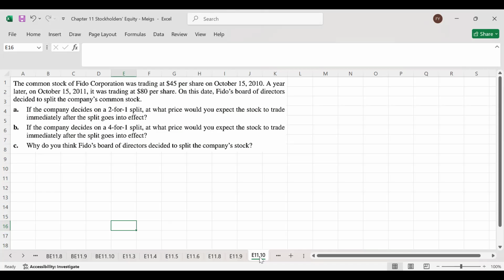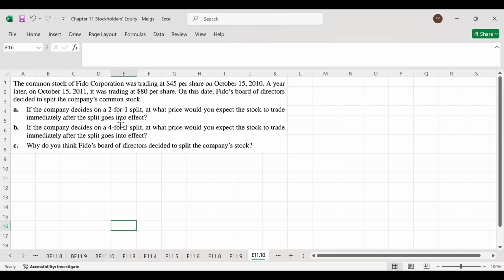On this date, the company's board of directors decided to split the common stock of the company. The first requirement is: if the directors decide on a 2 for 1 split, where one share will be converted into two shares, what price would you expect the stock to trade at immediately after the split goes into effect?